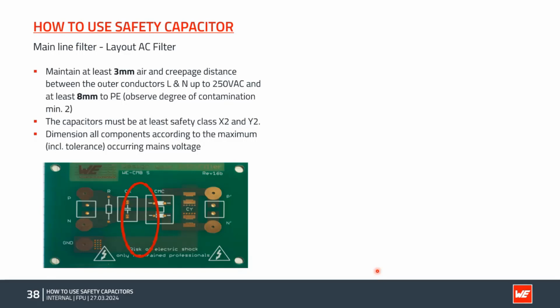And please also take into account the contamination, the pollution degree, to check your distances. For the capacitors, of course, they have to be at least X2 and Y2. What always helps is that when you dimension the component, you use the maximum values, including tolerance, so that you have everything taken into account.